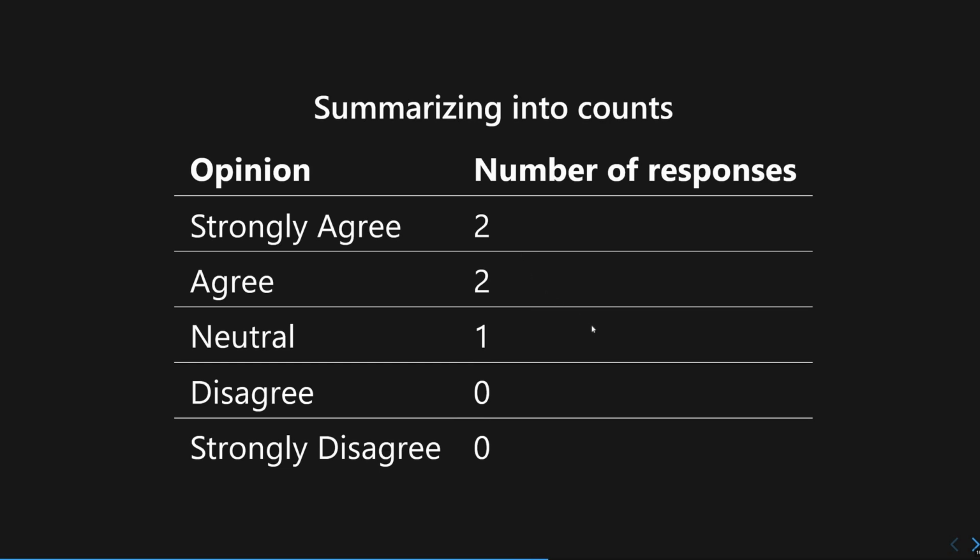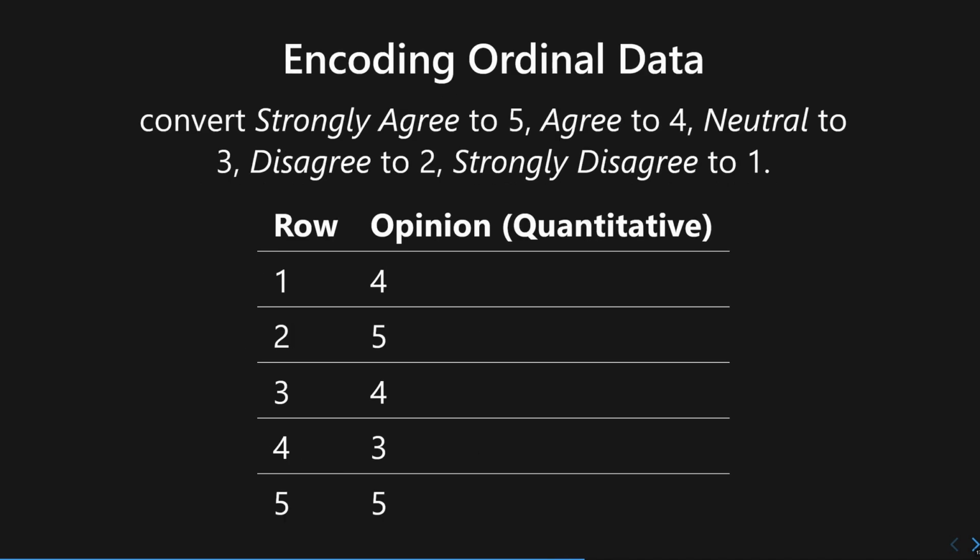So this works as a conversion, but there's a different way of converting your qualitative data without losing all of those details. This is what is known as the encoding of ordinal data into quantitative values. To preserve the details of your opinion data, you can instead take advantage of the ordinal nature of opinion, because there is some specific ordering.